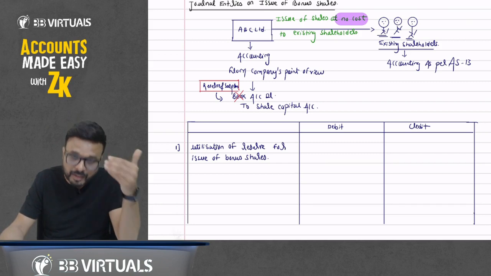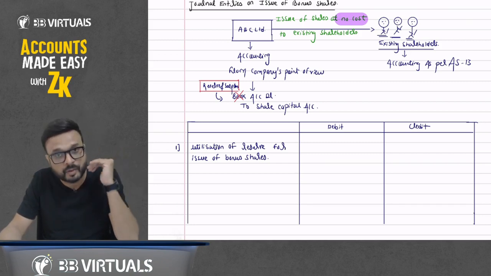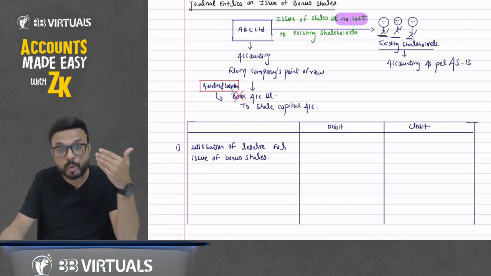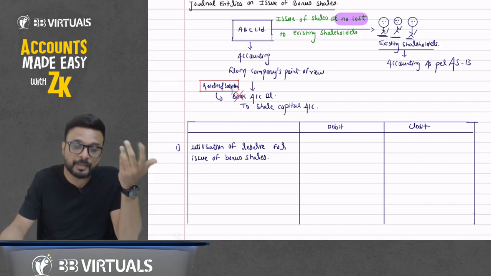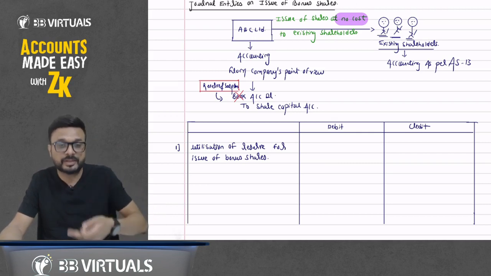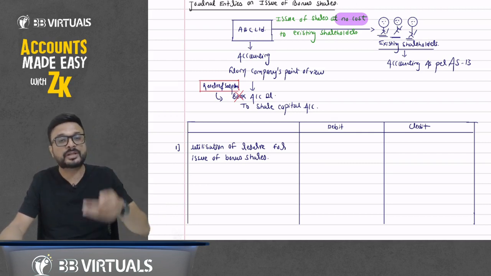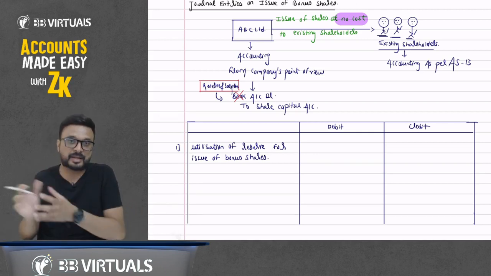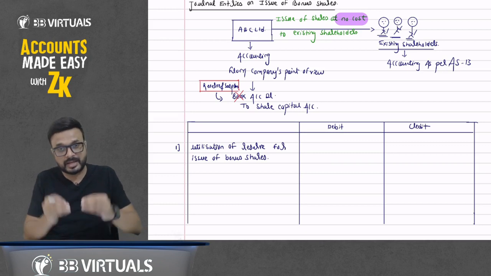CRR we create at the time of buyback of shares. When we do buyback out of profit, as per law, we have to transfer the face value of the bought back shares to the CRR account.